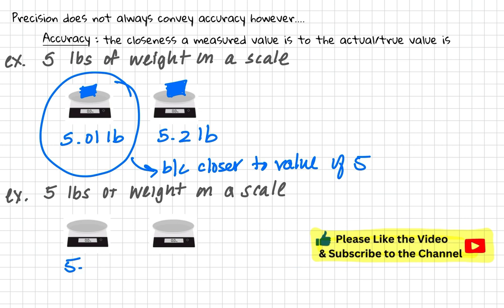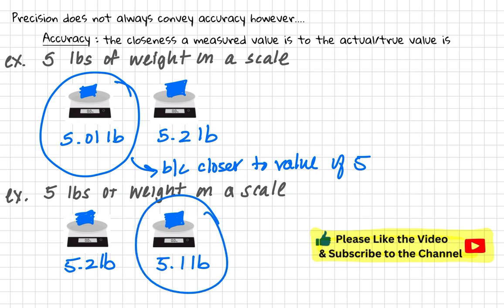For the second one, they want us to compare 5.2 pounds to 5.1 pounds. Let me draw in a little weight. Of the two, we need to find out which one is the most accurate to 5 pounds. We have 5.2 and 5.1. 5.1 is closer to 5.